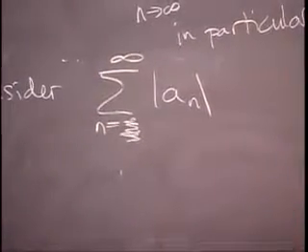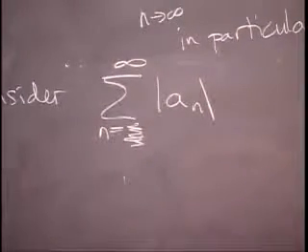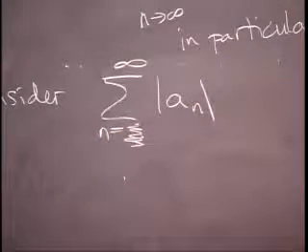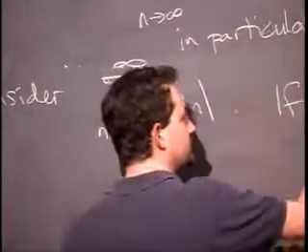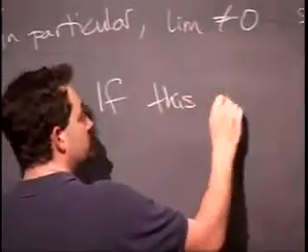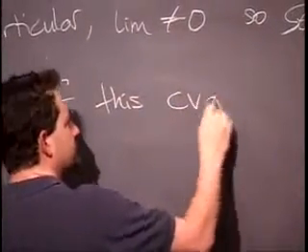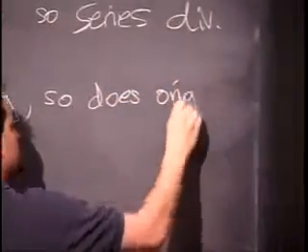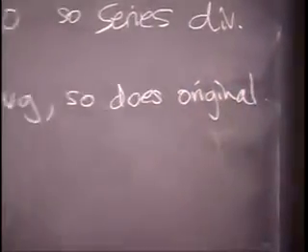Well, that's a positive series. All the terms are positive, so you can use comparison, p-test, limit comparison, and ratio, any of the tests if you like on this. If this new series converges, so does the original. That's what the test says. The same as improper integrals.